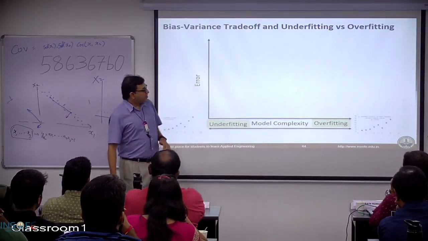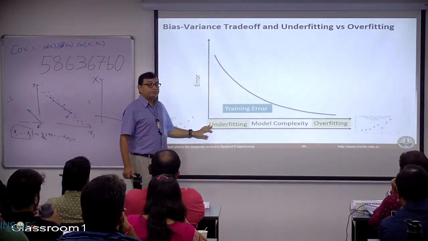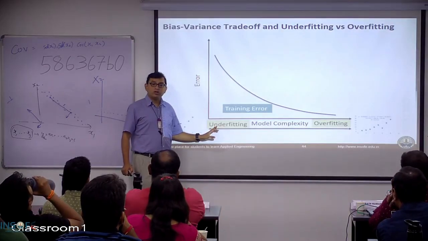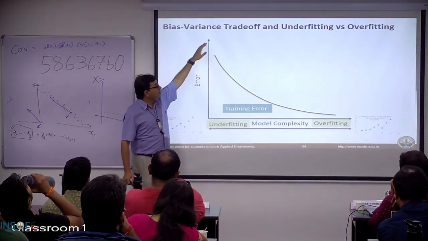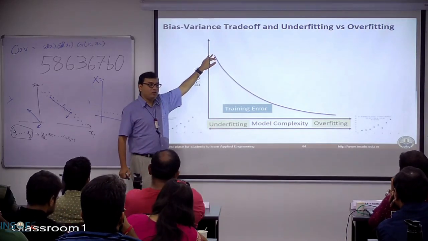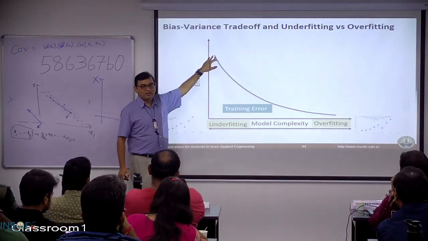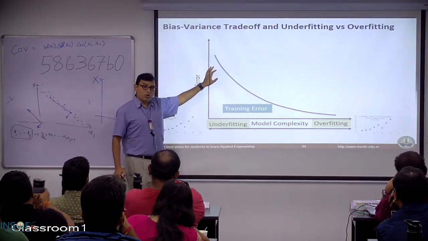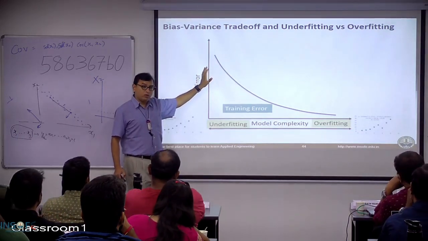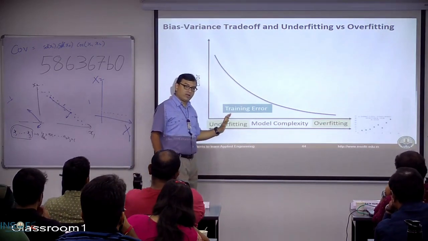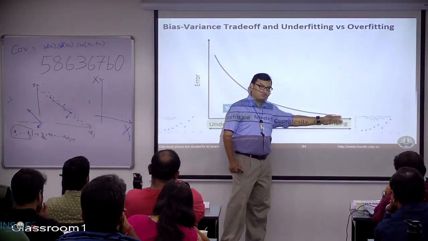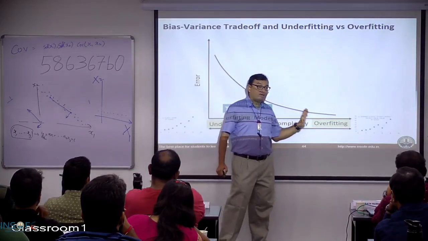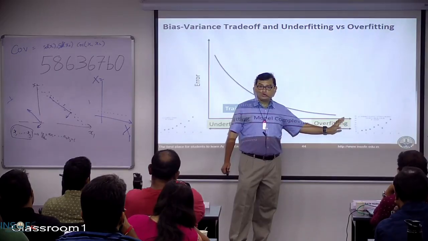When you start with the simplest of models, the error on the training set might be high. As you increase the complexity of your model, moving from linear to quadratic to cubic and so on, that error in your training set tends to drop.